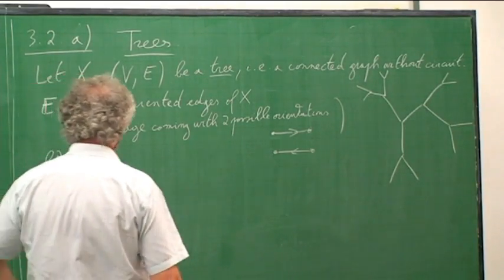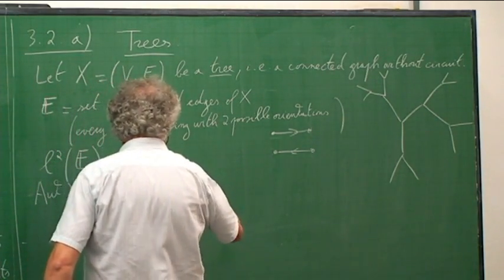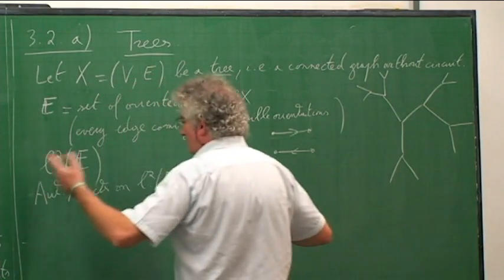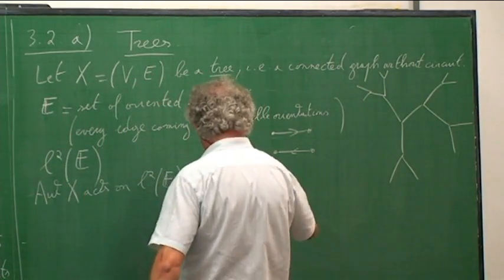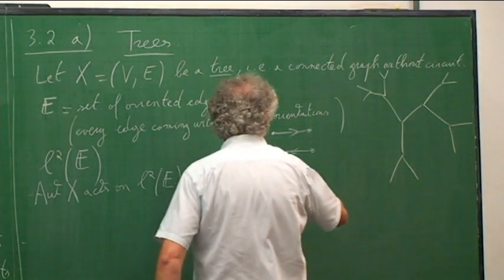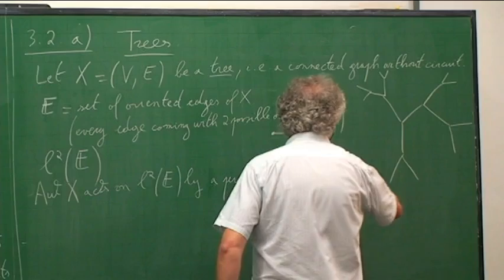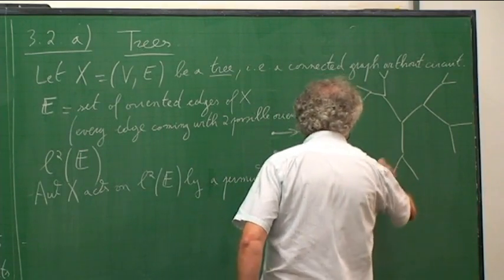And so let me give a name to the permutation representation. Let me call it pi.